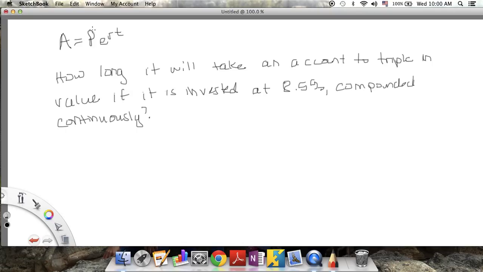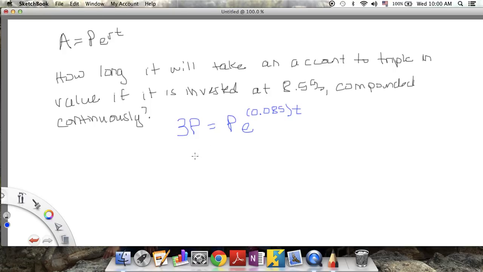Okay, so we don't know what the principal value is, but we want to know when it's tripled. So what we want is to know when we've got 3 times our principal if we have an interest rate of 8.5%, so that's 0.085, and we want to know what t is.